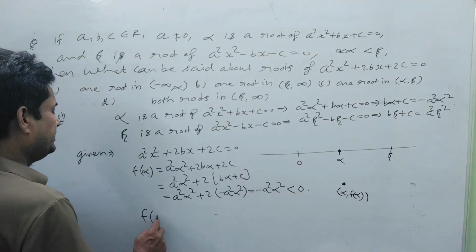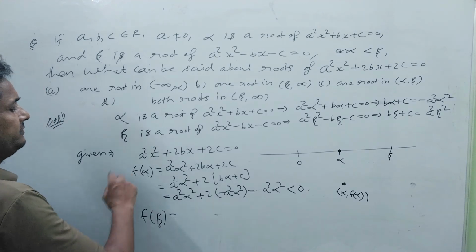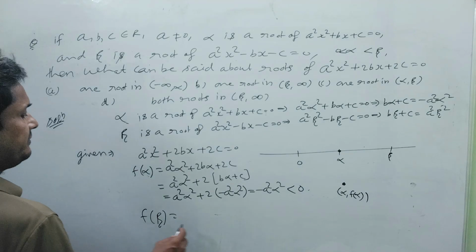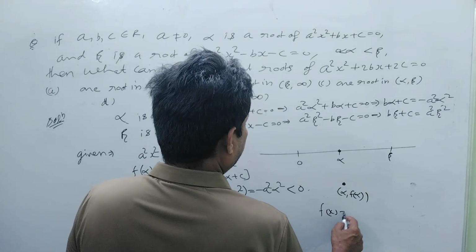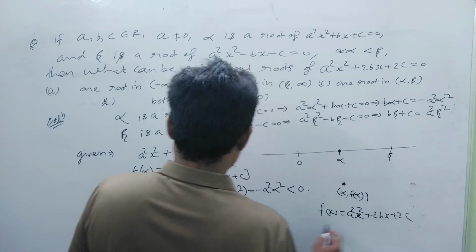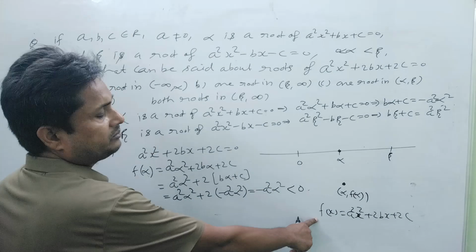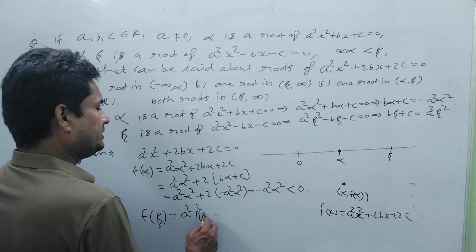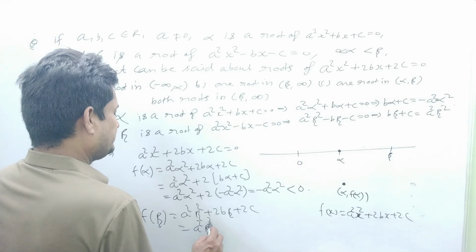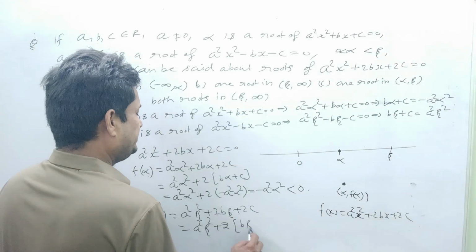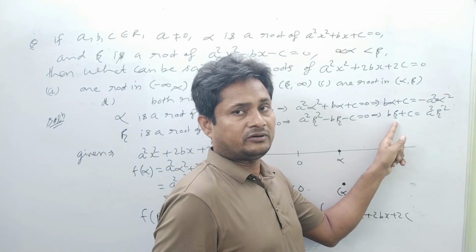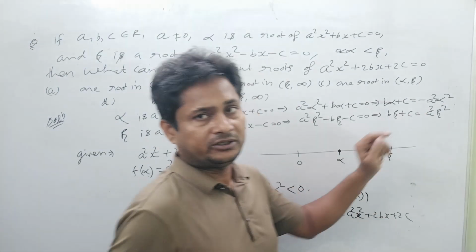Find out similarly f of beta. Now substitute beta here in the function. f(x) is this one, a²x² + 2bx + 2c. So find out f beta from here. It will be a²beta² + 2b beta + 2c. Now it can be written as a²beta² + 2 times (b beta + c), and b beta + c from the second quadratic equation can be written as a²beta².